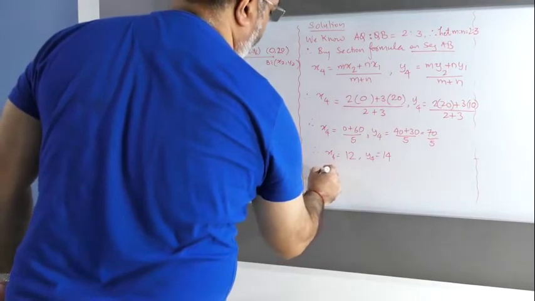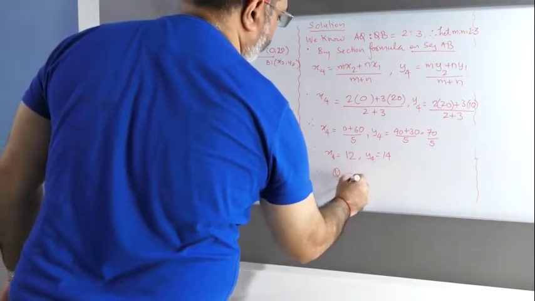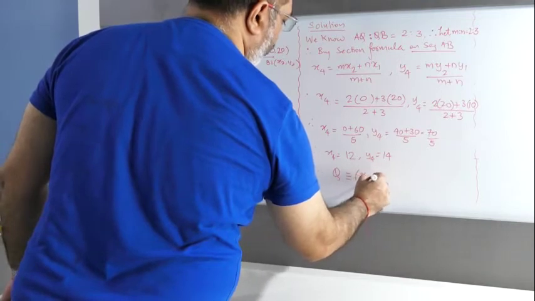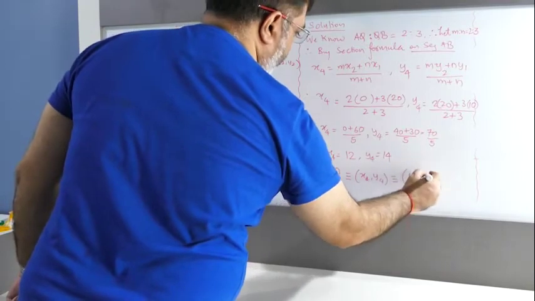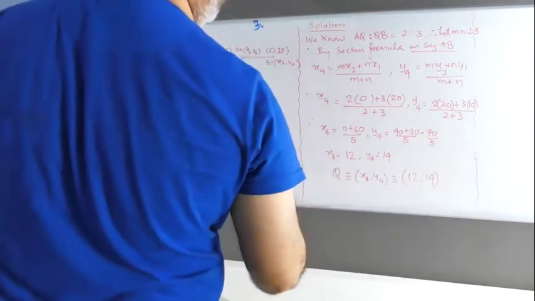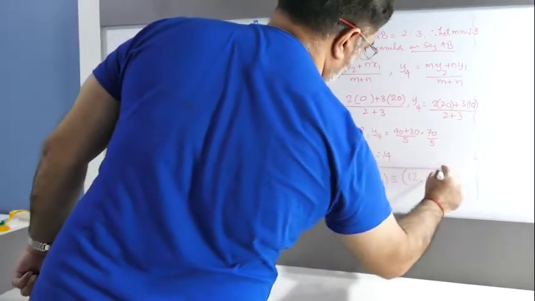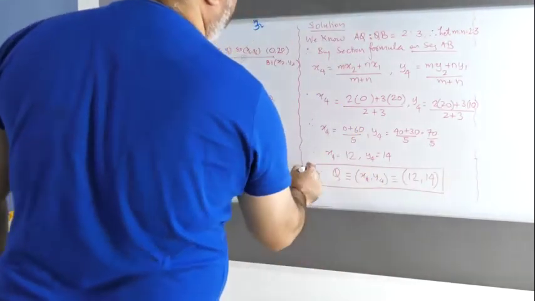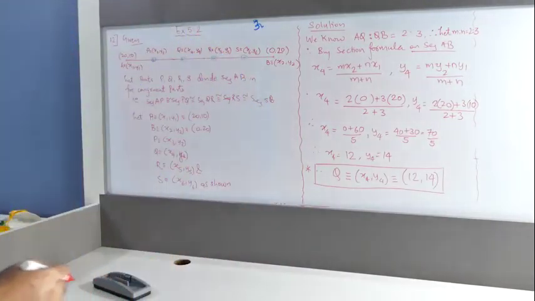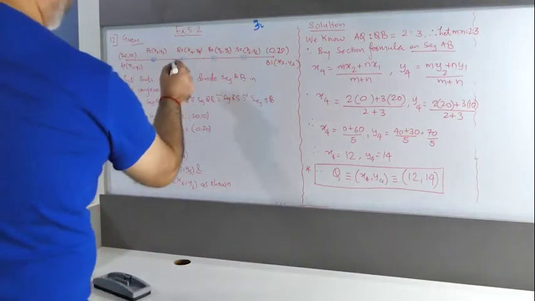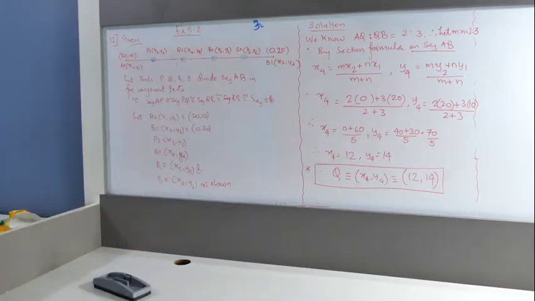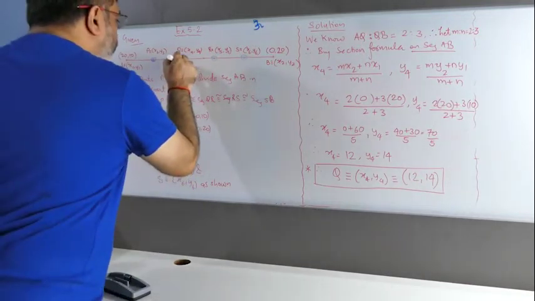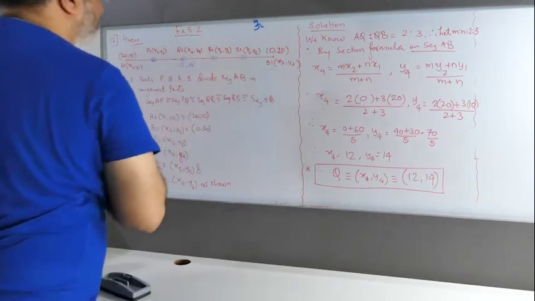Now you have got the coordinates of Q. So Q, (x4, y4), which you had assumed, you have now got as (12, 14), right? So you have got one of the points, and we can mention it: 12 comma 14.